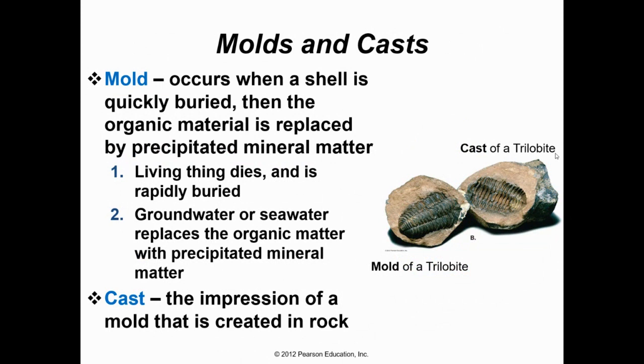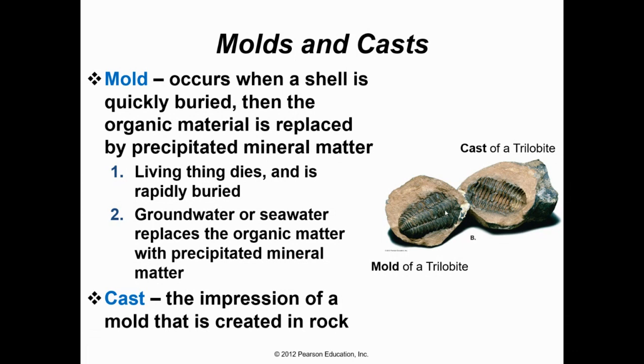Molds and casts, one goes with the other. A mold is basically the shape of some sort of critter, some sort of fossil. Just like what we saw with the petrified wood, what we're looking at with this sample of a trilobite is not actually organic material.